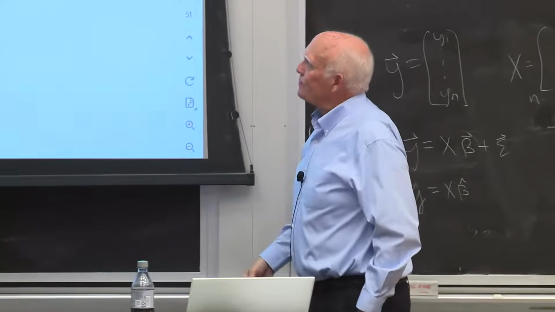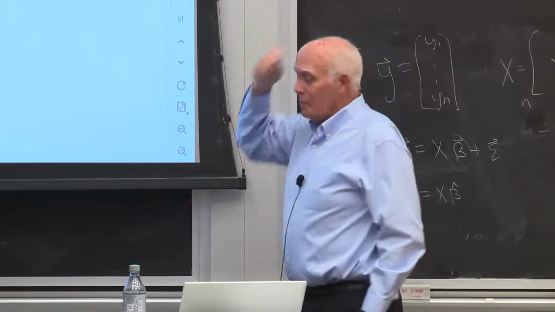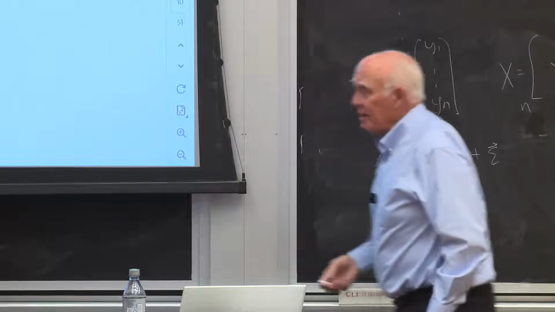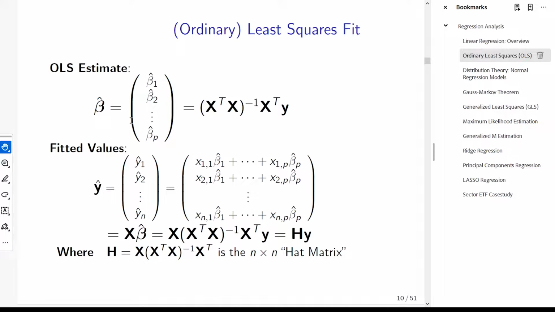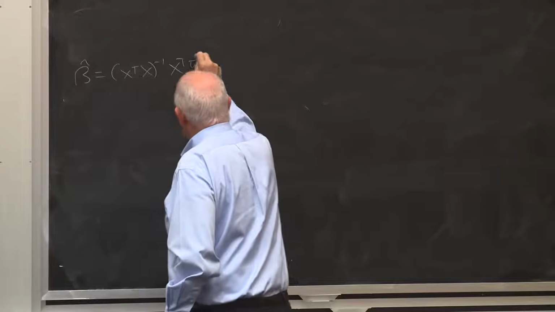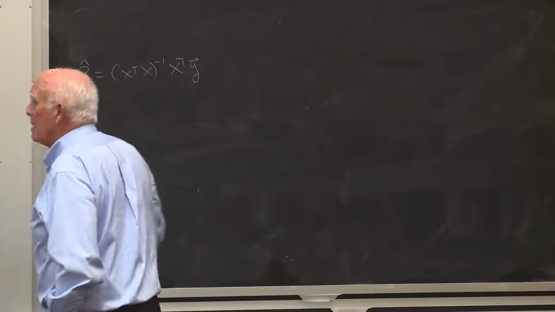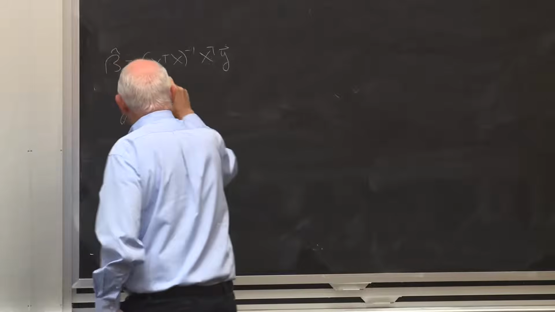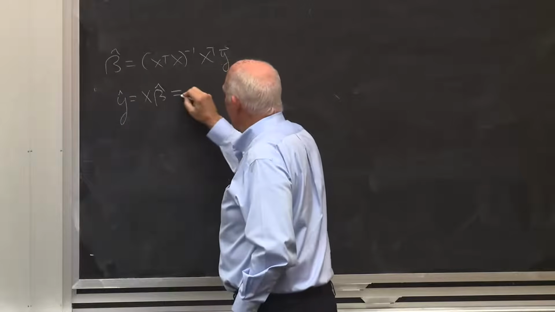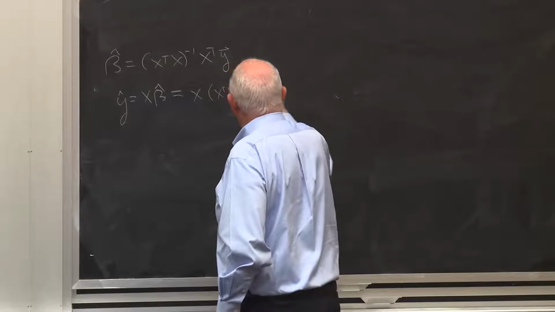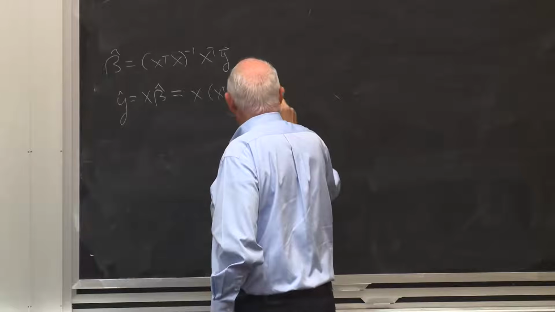All right, so here, if we plug in that least squares estimate, so we have beta hat equal to X transpose X inverse X transpose Y, and plug that into our formula for the fitted values, then this becomes this formula times y.